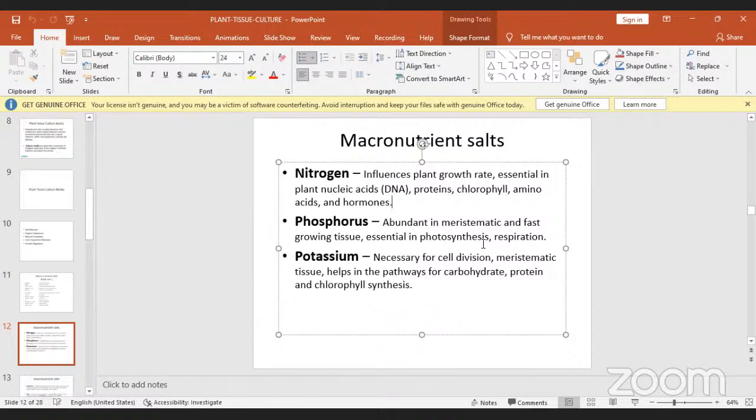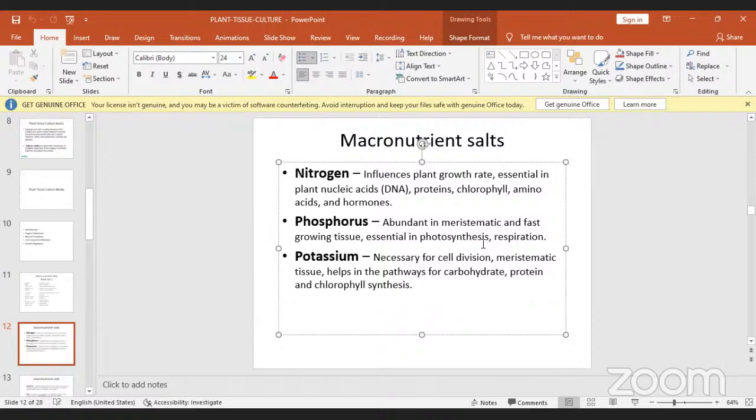Potassium is necessary for cell division in meristematic tissue and helps in the pathway of carbohydrate, protein, and chlorophyll synthesis. These three are the necessary macronutrients for the tissue culture medium.